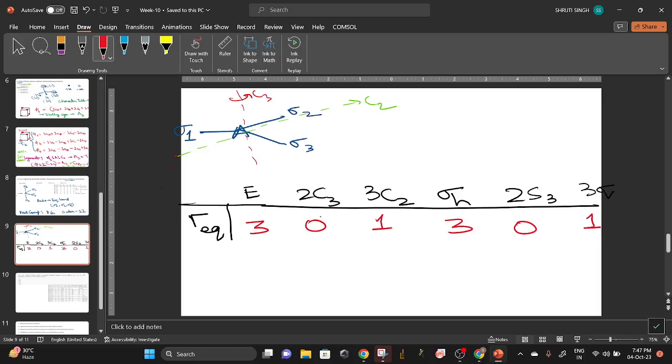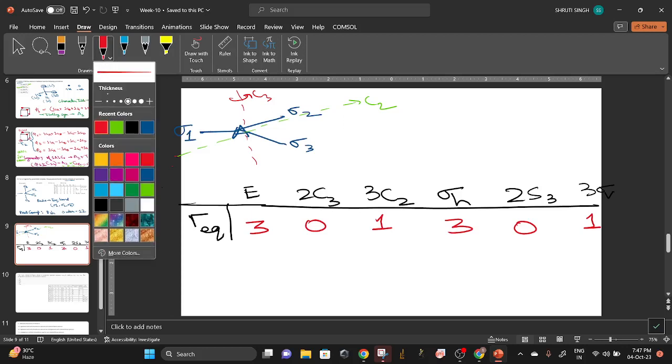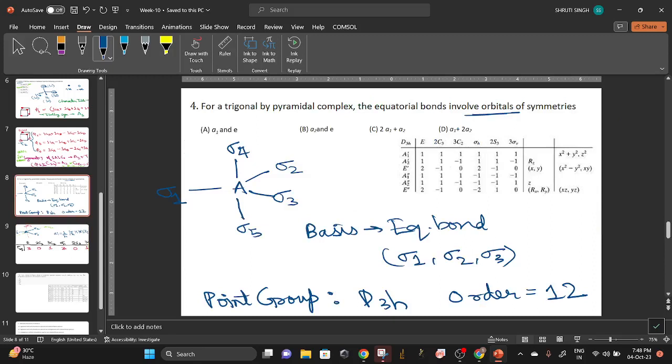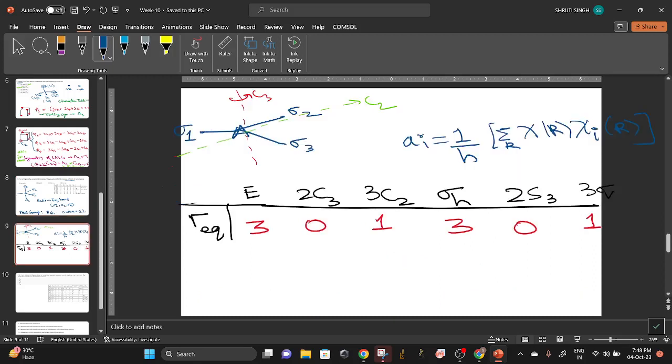Now we need to find the contribution of each irreducible representation into this reducible representation. How do we do that? Using that formula, a_i equals 1 by h summation over R of chi R times chi i R. First, the irreducible representation A1 dash.